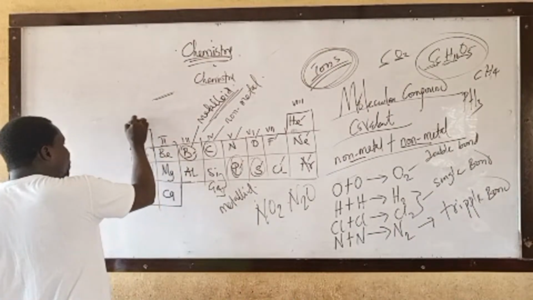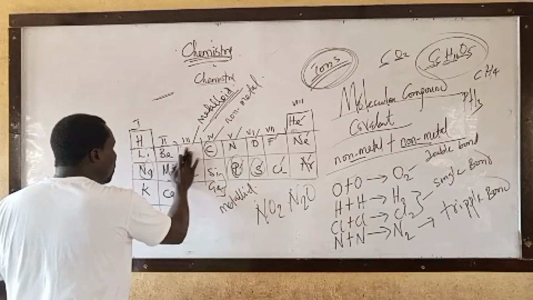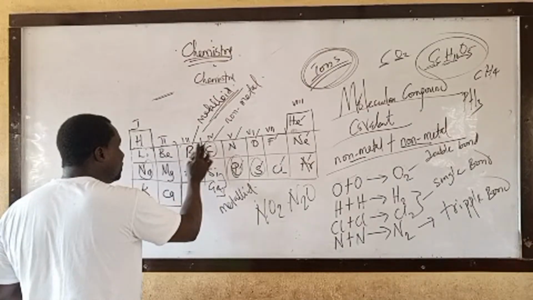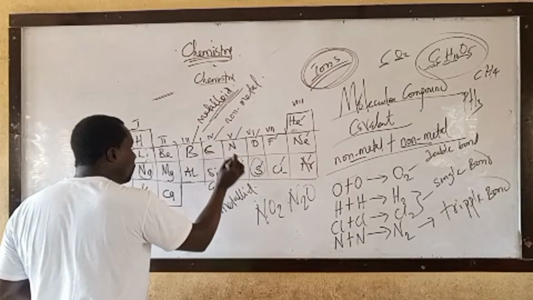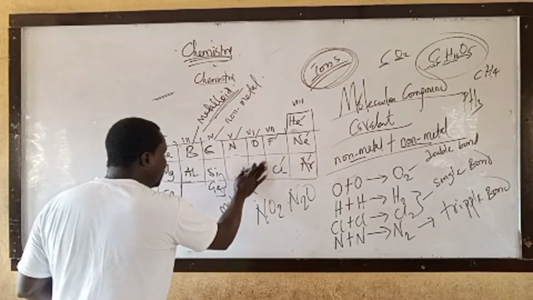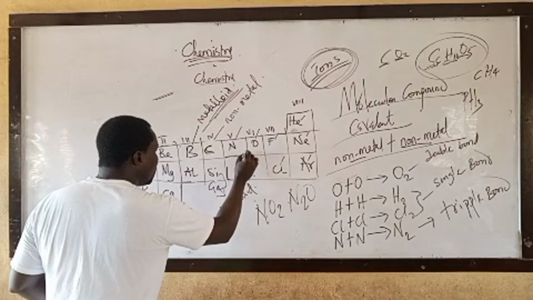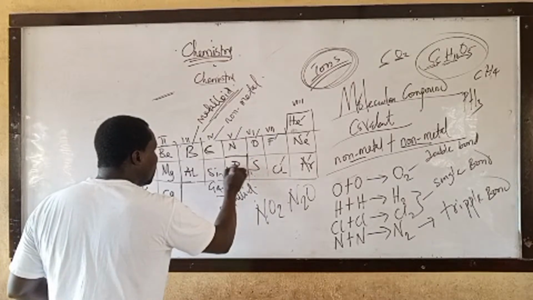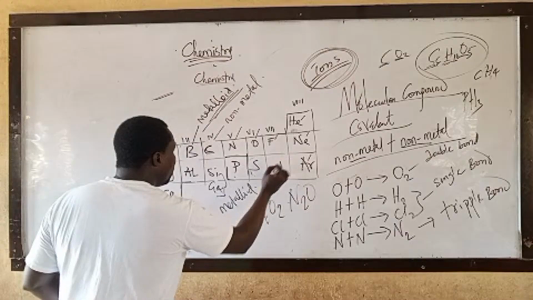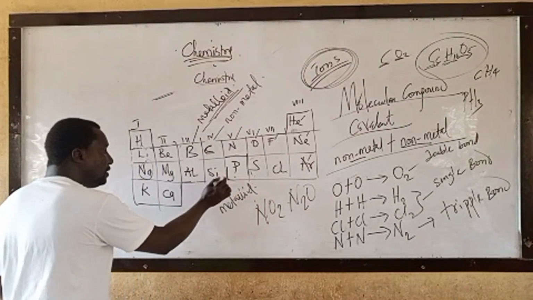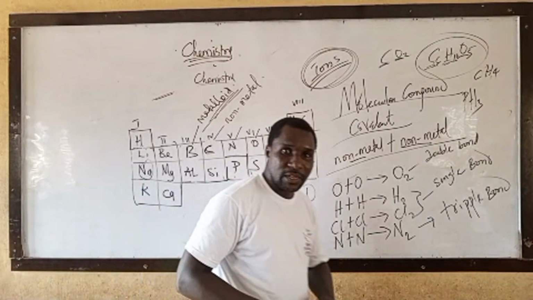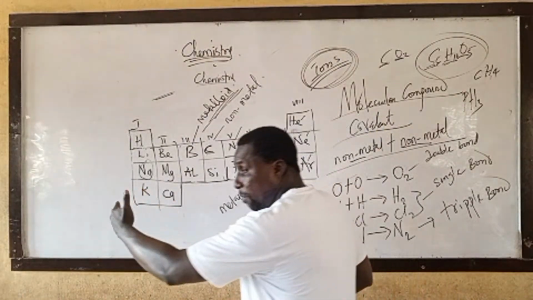This is the periodic table for the first 20 elements.